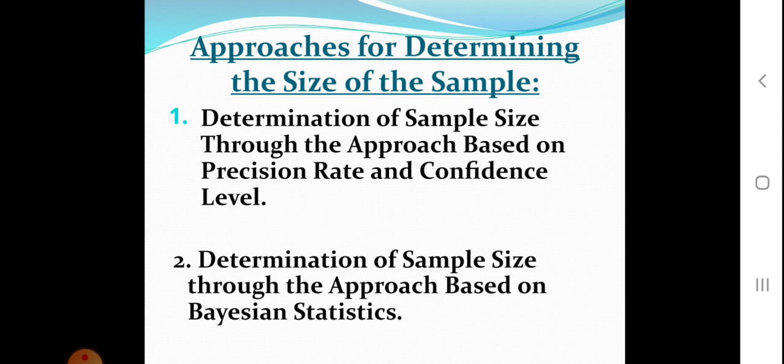Students, the first approach is capable of giving a mathematical solution and as such is a frequently used technique of determining n. Here n represents the size of the sample. See, the limitation of this technique is that it does not analyze the cost of gathering information.